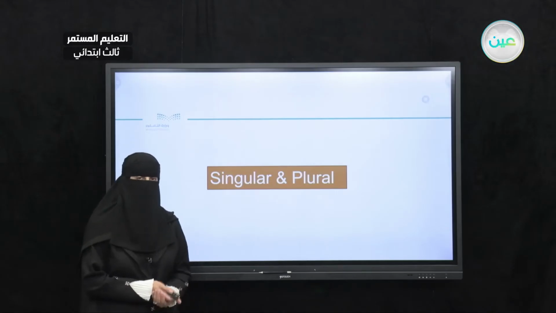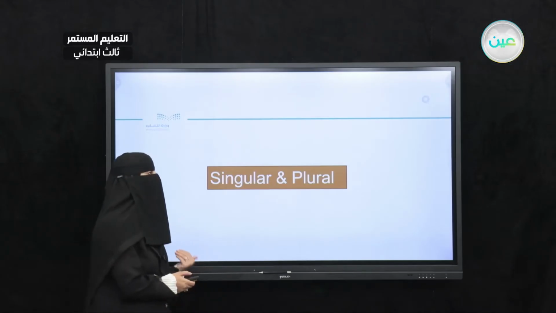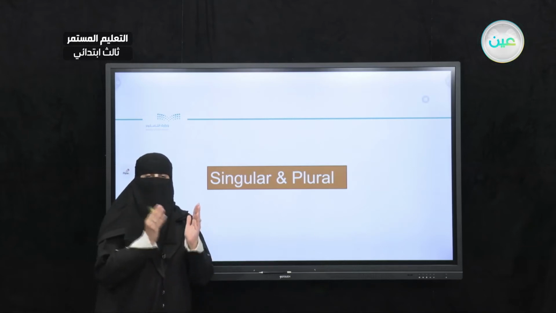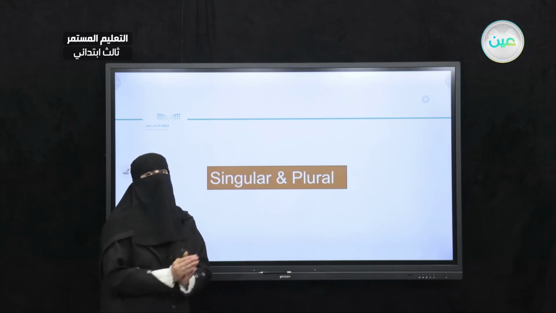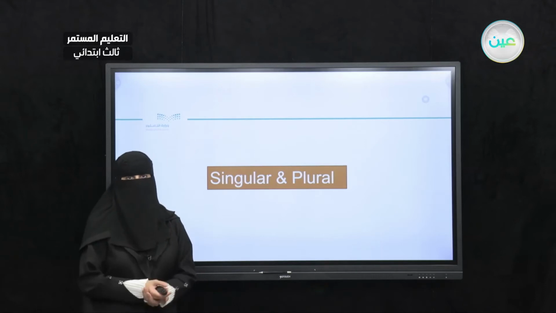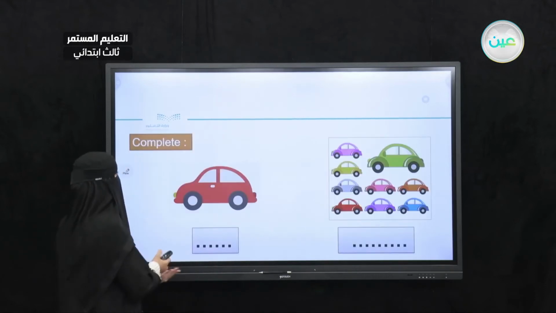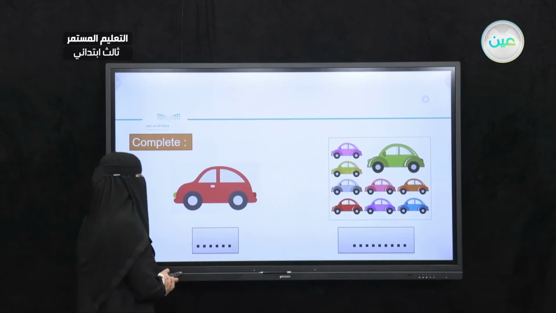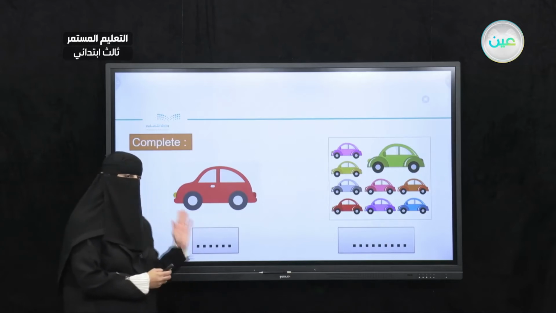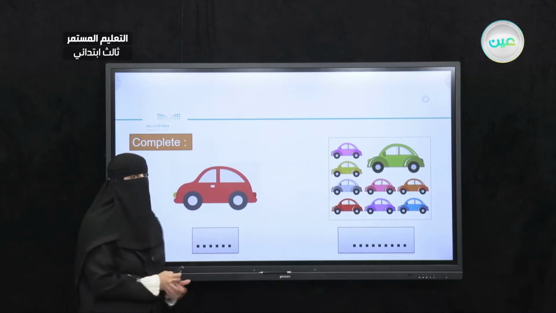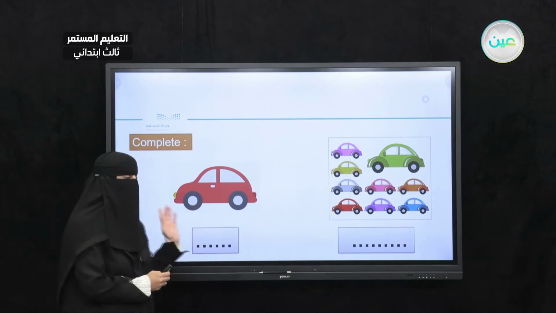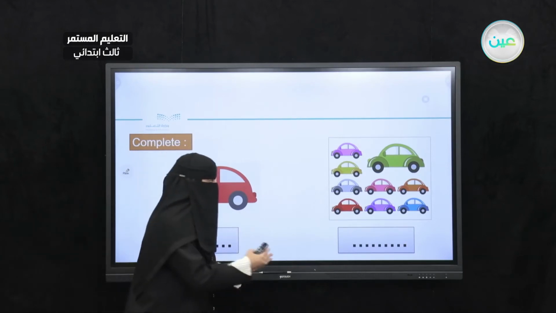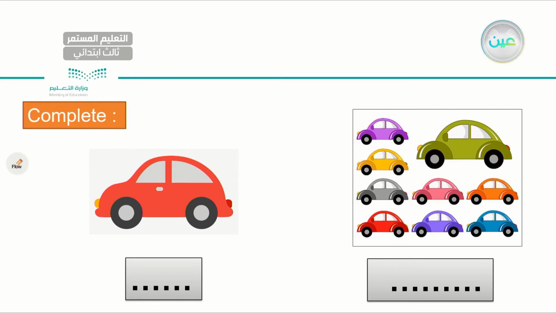Let's revise singular and plural, my dear students. In the previous lesson, we talked about singular and plural with regular and irregular nouns. For example, let's try to complete these two pictures. For the picture to your left, I can see 1. The picture to your right, I can see about 9.